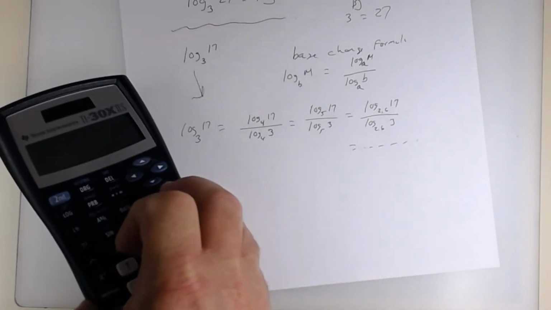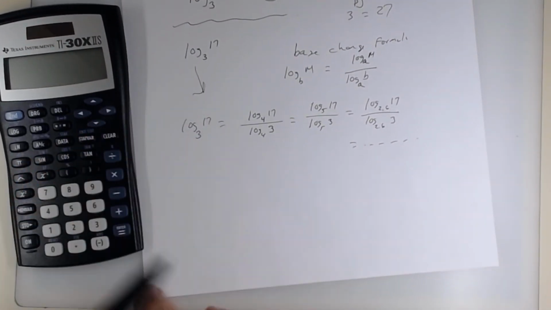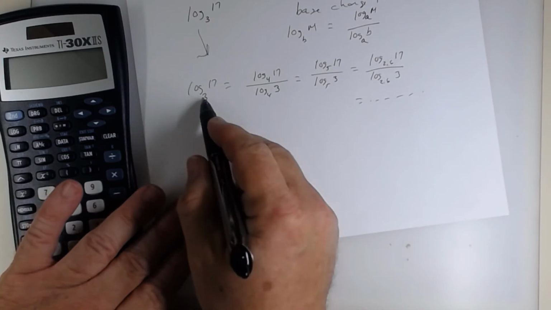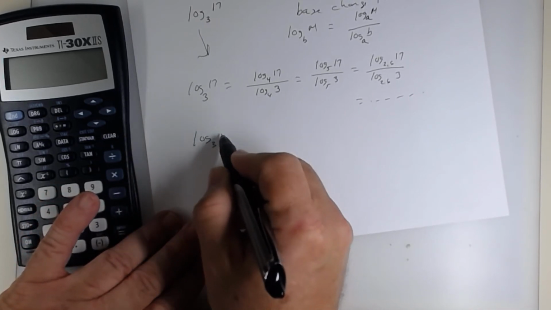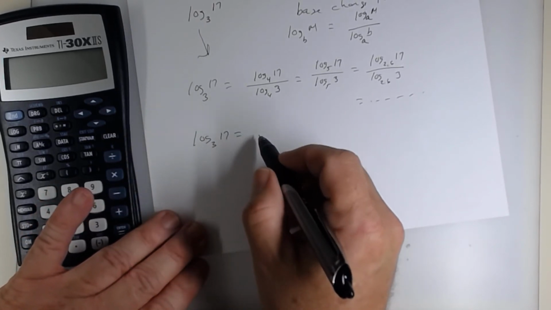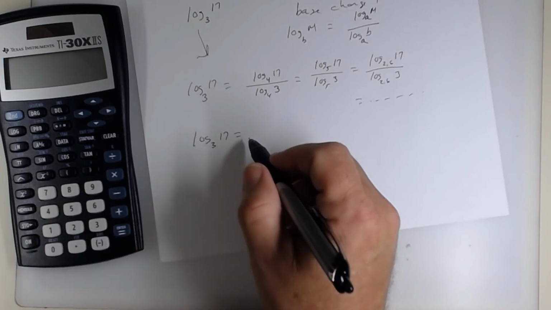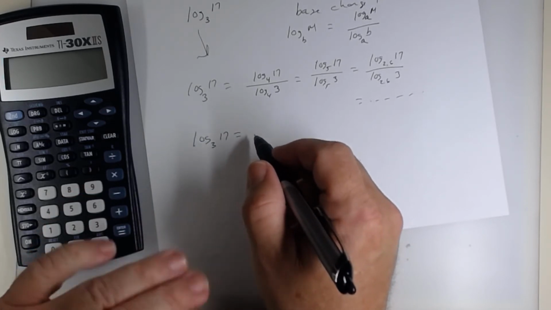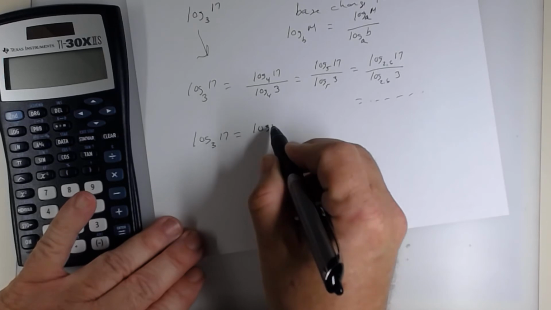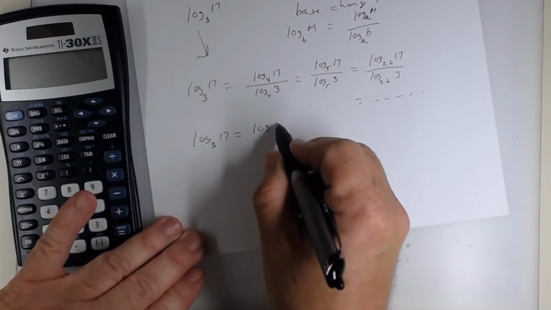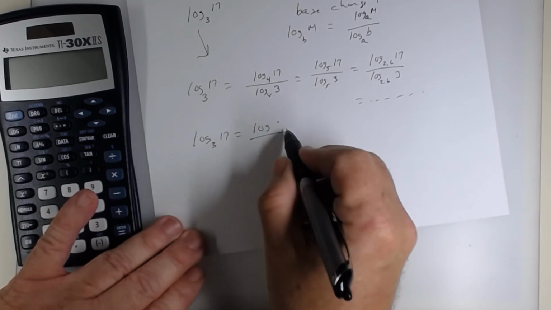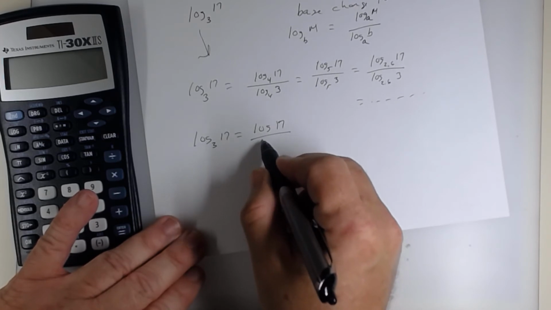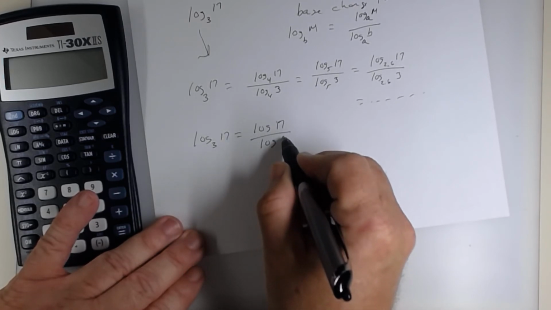10 or E. Okay, so what you're going to do is you would say the log base 3 of 17 equals, now let's use base 10. Now remember, base 10 is the common logarithm, right? Okay, so we say the log of, what's my argument? 17 divided by the log of what? 3.